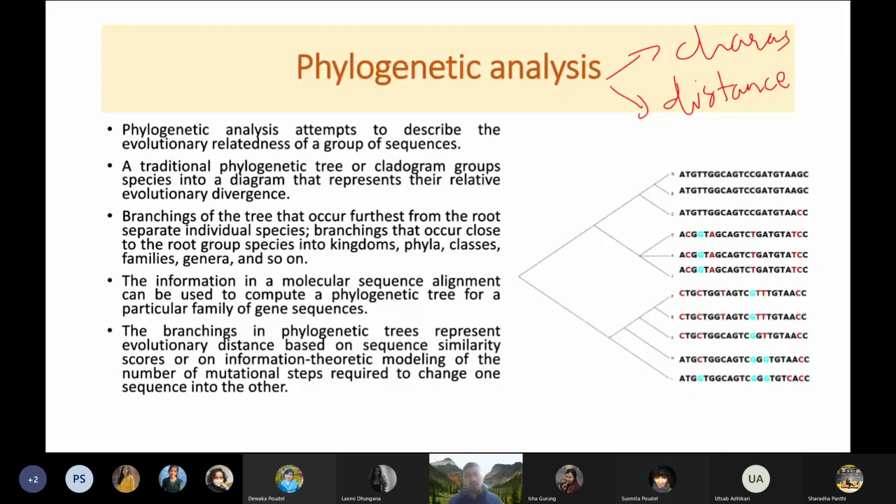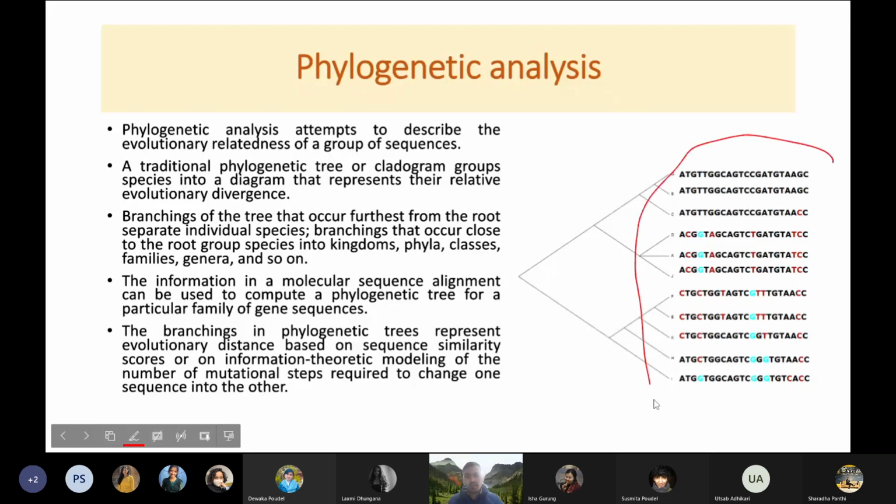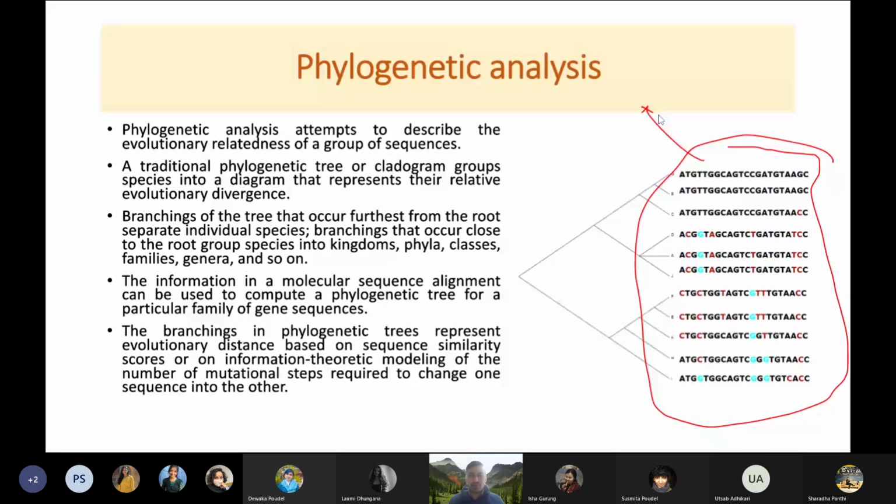So making a phylogenetic tree is very difficult. Computationally you can generate these phylogenetic trees with algorithms. They also have statistical significance, which tree is more likely, which tree has the maximum likelihood, all that we'll study in our phylogenetic analysis chapter.